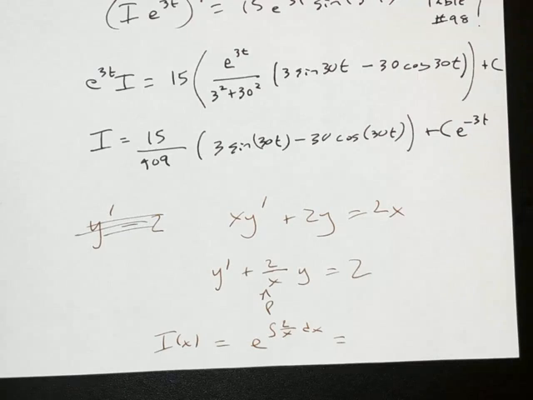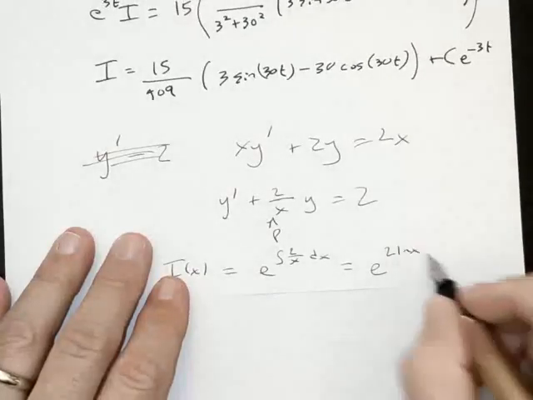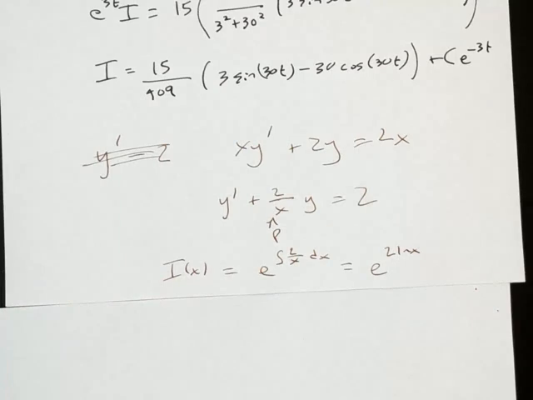The integral of 2 over x is 2 times ln x, divided by x. Because I am considering what happens with the absolute value in terms of the constant I end up with at the end, I don't need it here. I can't cancel the e and the ln. They're not next to each other.